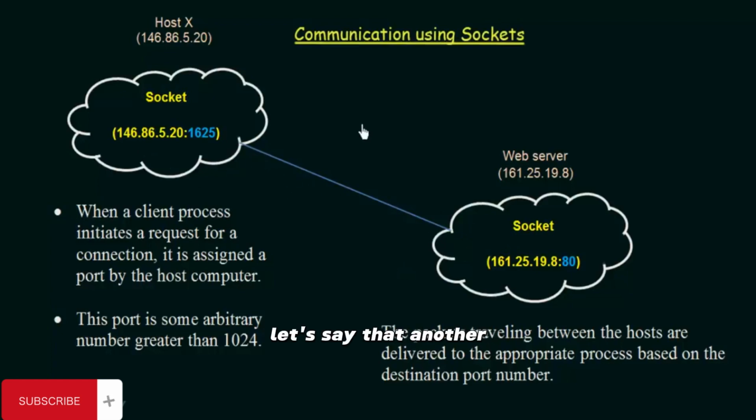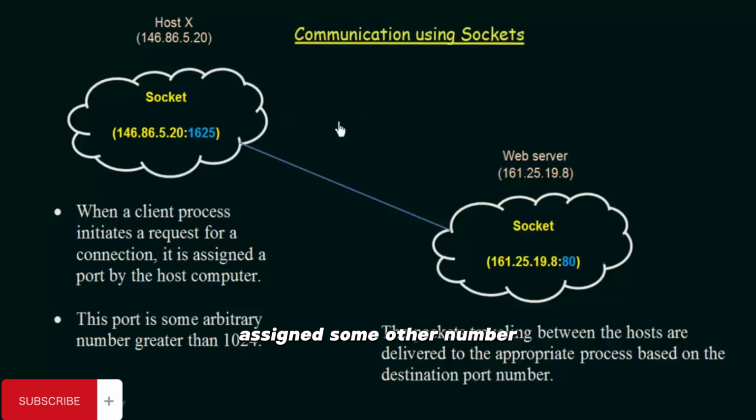All right, now let's say that another process from this host computer wants to communicate to this same socket of the process in the web server. Then what will happen? That process will again be assigned another port number, and that number should be something different from 1625, and again, it should be something greater than 1024, and it should not be 1625 because 1625 is already assigned to this particular process.